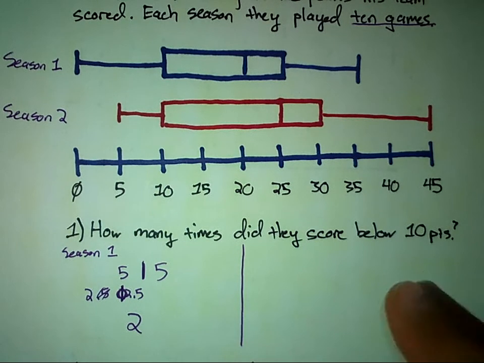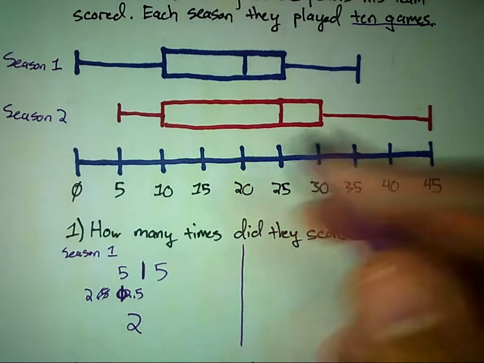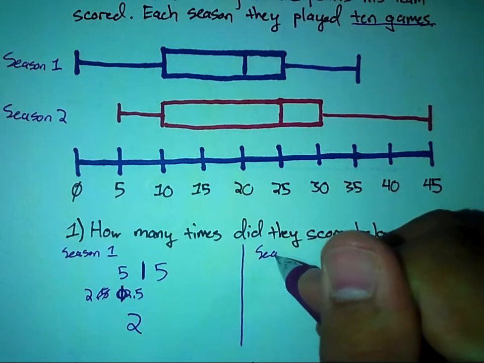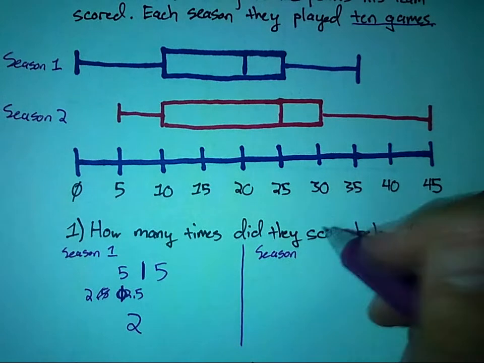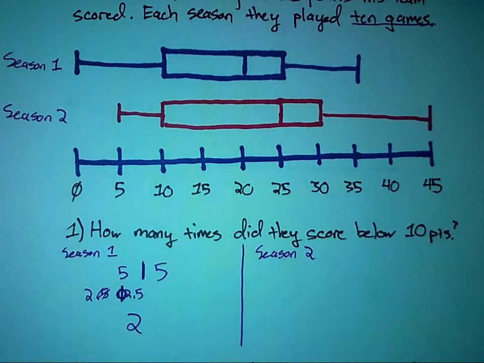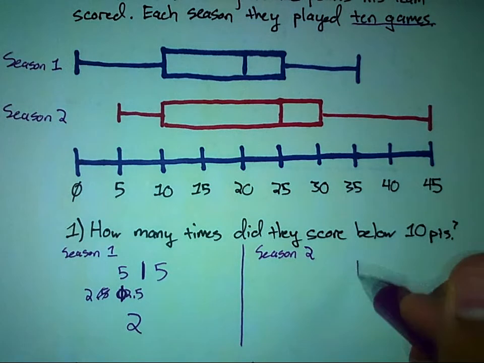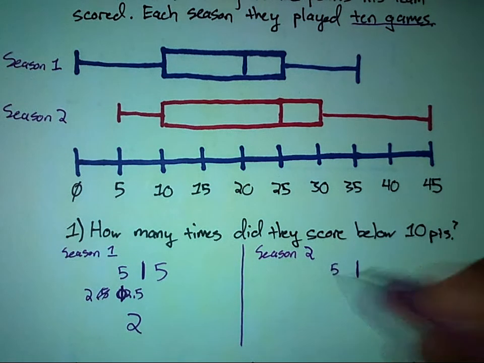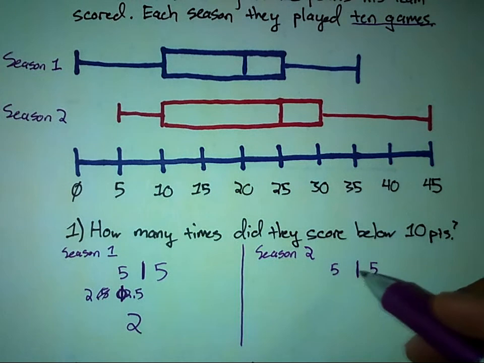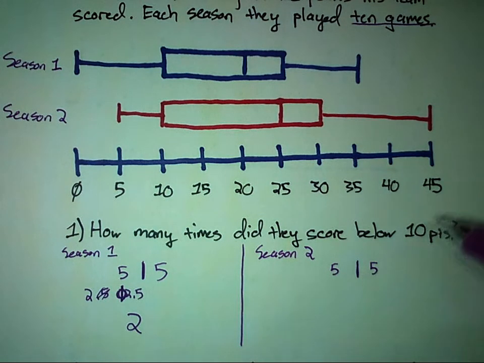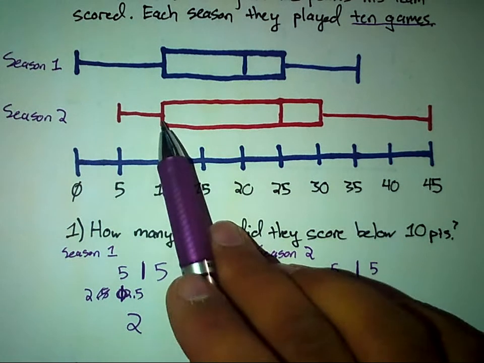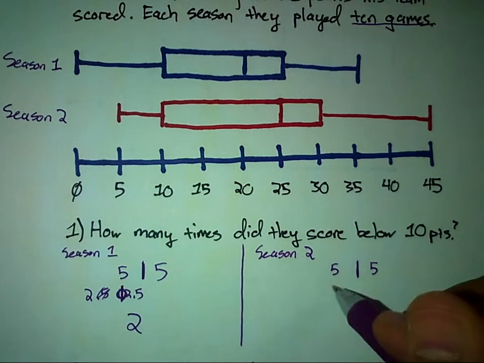We're going to do the same thing with season 2 now. The numbers get confusing. So for season 2, again, they played 10 games. So there's going to be 5 games below the median and 5 games above the median. Remember, the median will not be a part of our data. And it looks like I need to focus on, for season 2, the lower quartile. So I'm going to do the same thing as before.